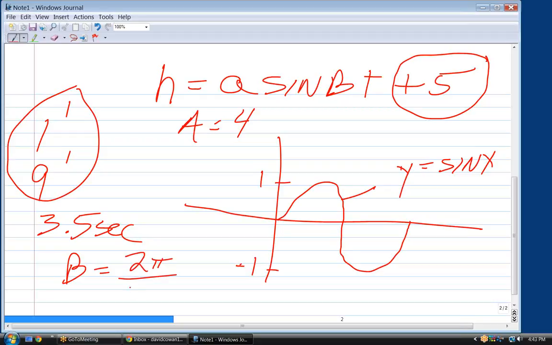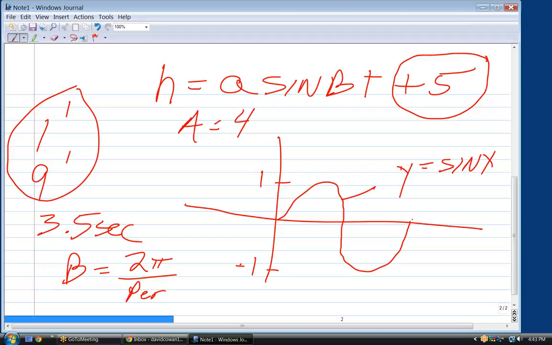Likewise, if they give you B, the period is equal to 2 pi divided by B. Just by manipulating that algebraically, you can get that. In this case, they gave us the period, 3.5 seconds, from when the thing is at its peak to when it gets back to its peak.